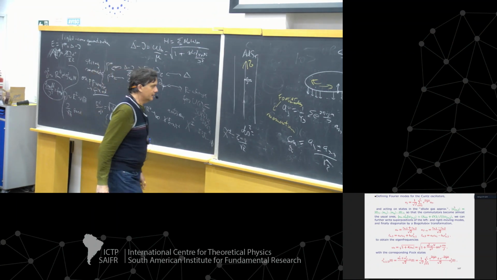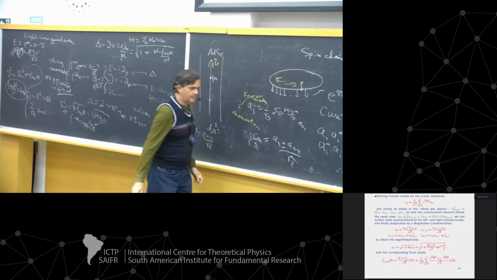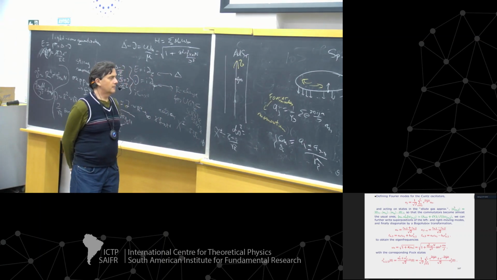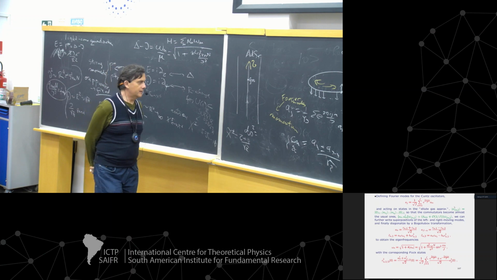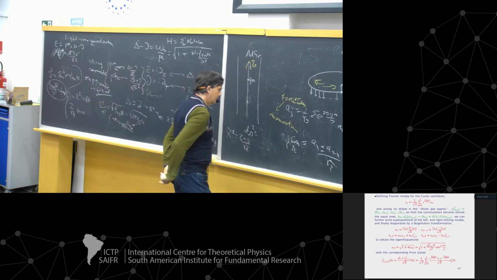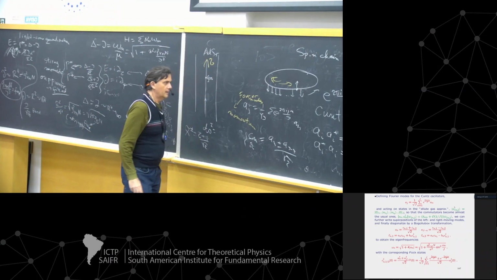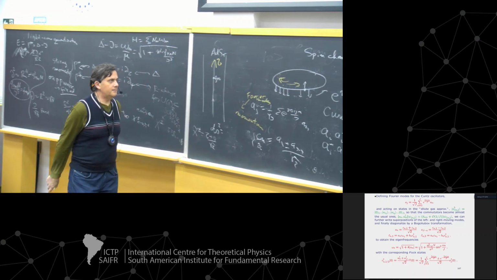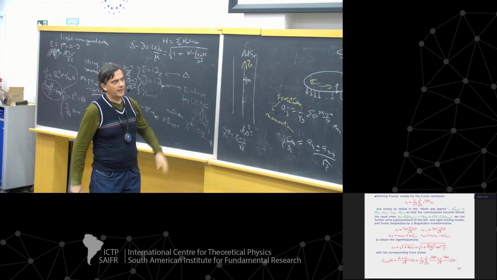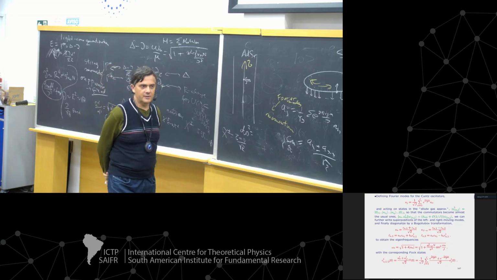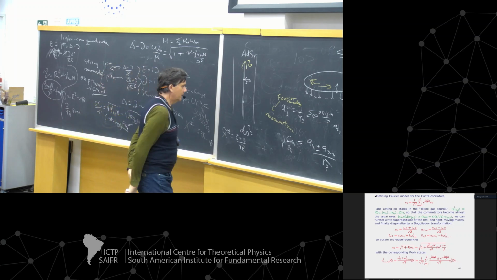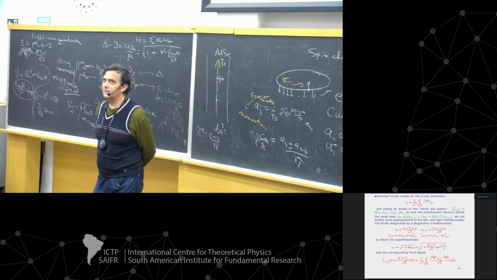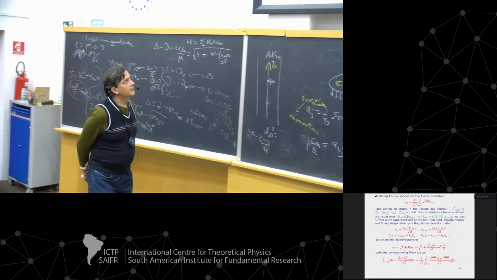And finally, once I get to these C's and C daggers, the final diagonalization step is we can construct a Bogoliubov transformation. That's also standard in condensed matter when you have a Hamiltonian that contains creation and annihilation operators. To diagonalize it in general, you have to look for a transformation that mixes creation and annihilation.